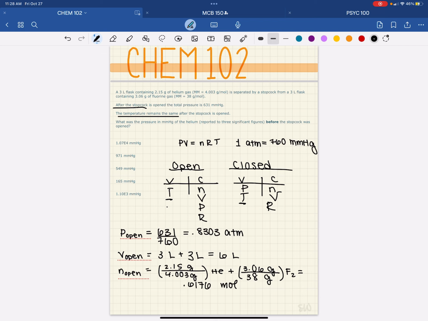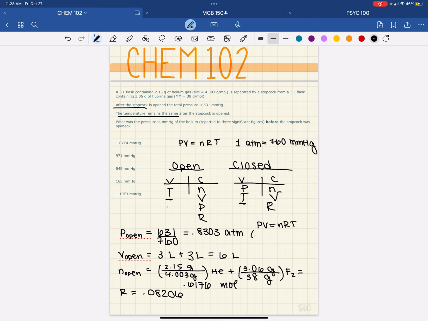And then I know R is equal to 0.08206. So then I'm going to set up my equation. I know PV equals nRT.